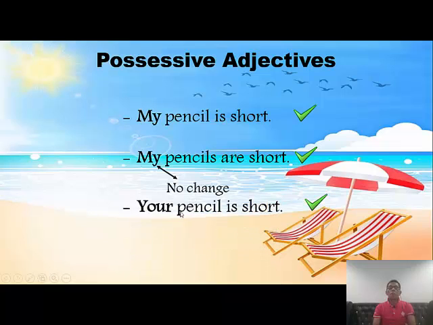Okay. Your pencil is short. Your pencils are short. Now, the same goes for the rest of the possessive adjectives. They only have one form. No matter what noun comes after the possessive adjective, whether it be singular or plural, you do not change the possessive adjective. They remain the same.